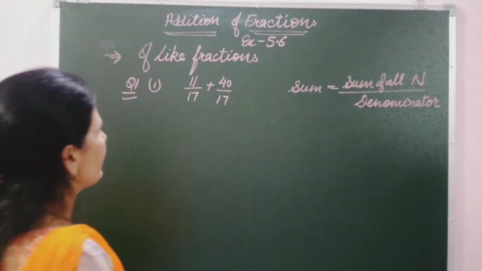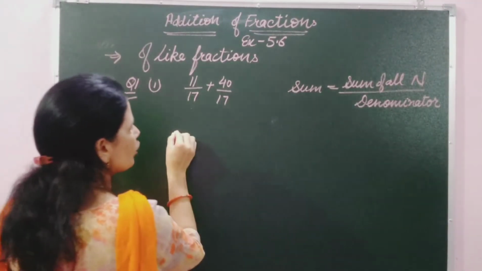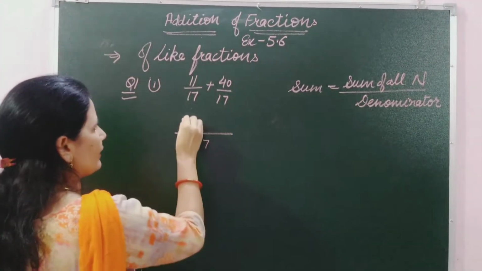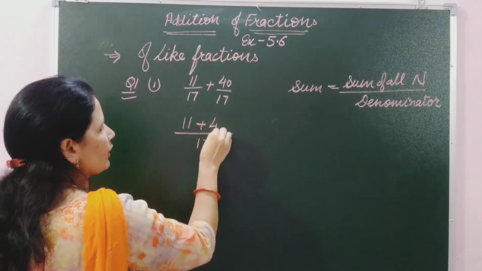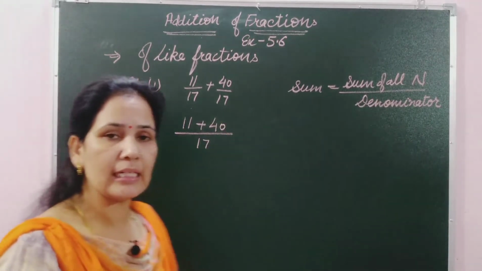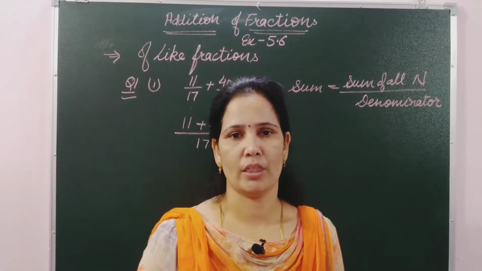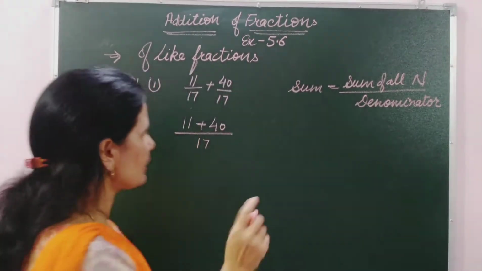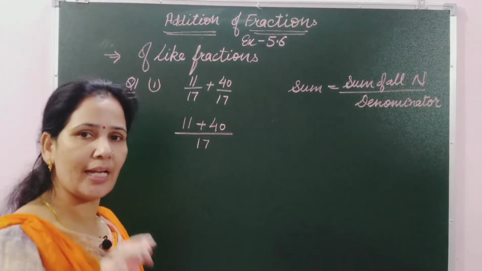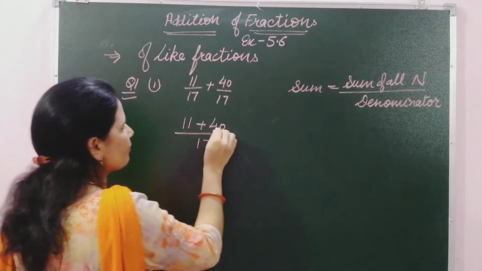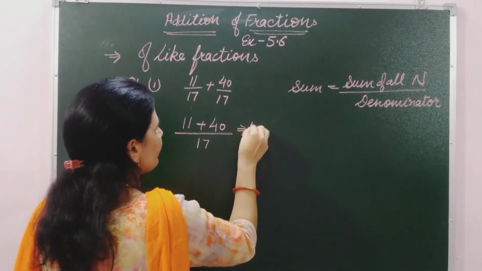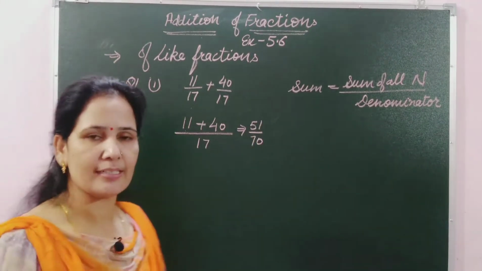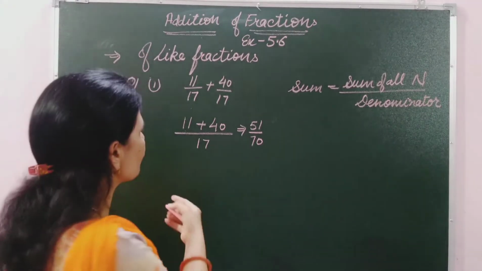Now the common denominator is 17. Sum of all numerators, that means 11 plus 40. This we can write directly in case of like fractions only. If the fractions are unlike, then we follow a different method. So 11 plus 40, we can write here students 51 by 70. That is our answer for these two fractions.